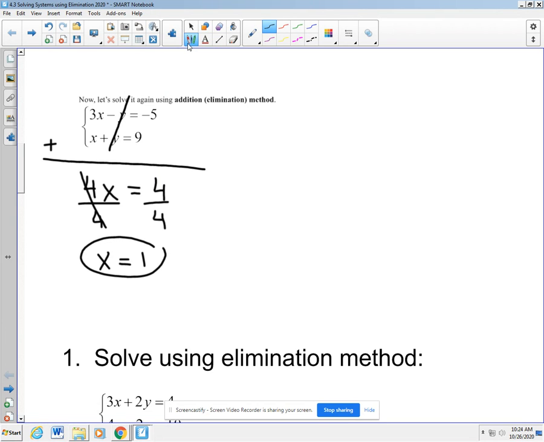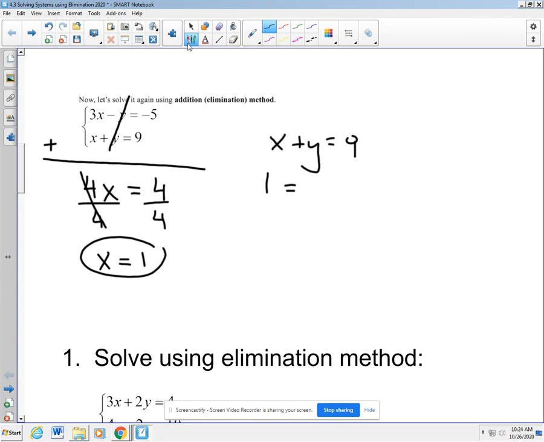But please remember, our goal is to get x and y. So just like in section 4.2, how do you get the other variable? Pick one equation and substitute 1 for x. So I'll pick the second equation, x plus y is equal to 9, and I will replace x with 1.